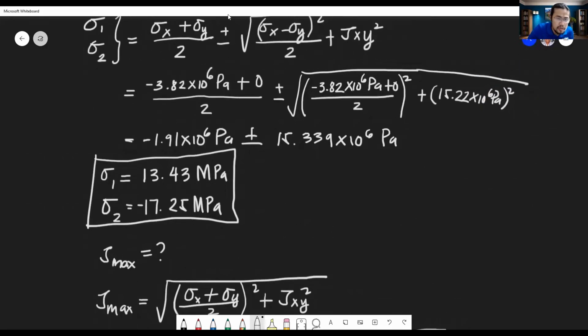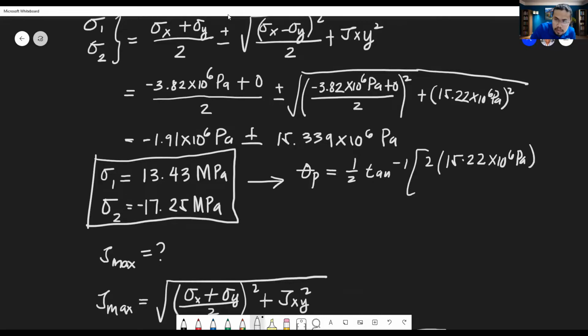Now, as to the directions, if you're going to solve for the angle, theta p is going to be 1/2 inverse tangent of 2 times the shear, 15.22 times 10 to the 6th pascals, over negative 3.82 times 10 to the 6th Pascal.